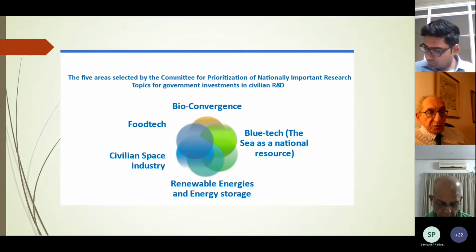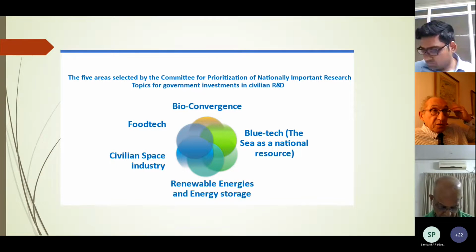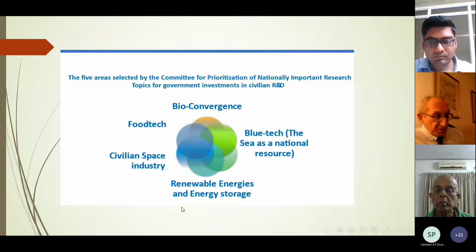The civilian space industry is a small industry in Israel, although Israel is considered one of the leading countries in space industry, but it's done mainly by the military. So the spillover for civilian space industry should be encouraged by government.